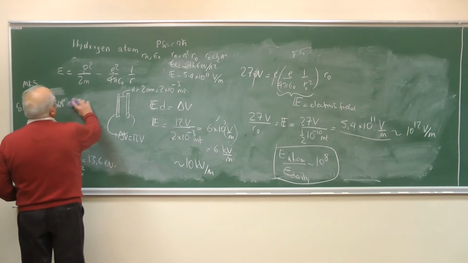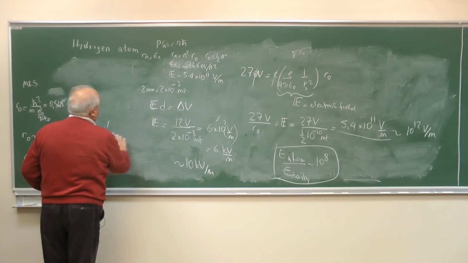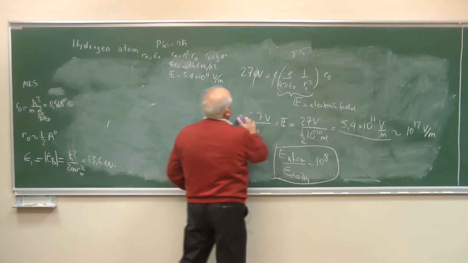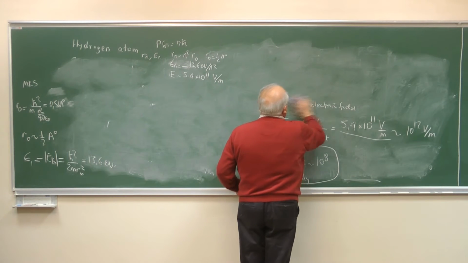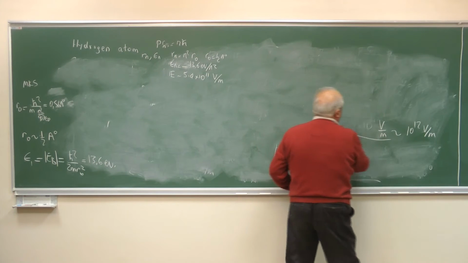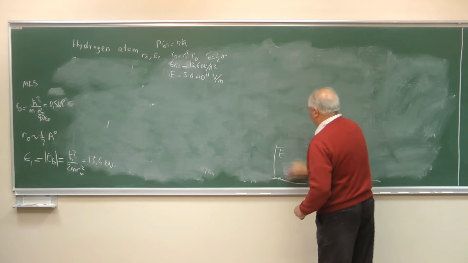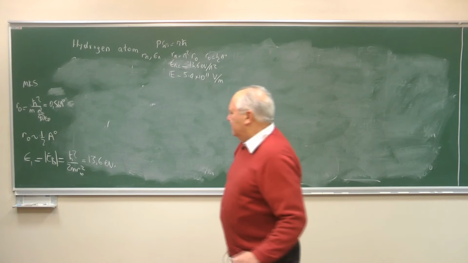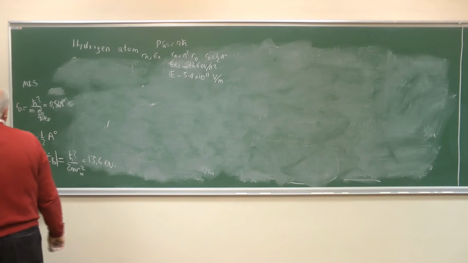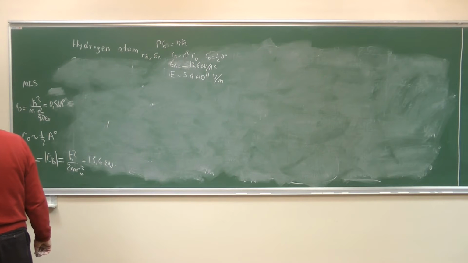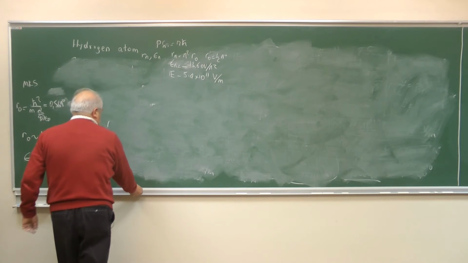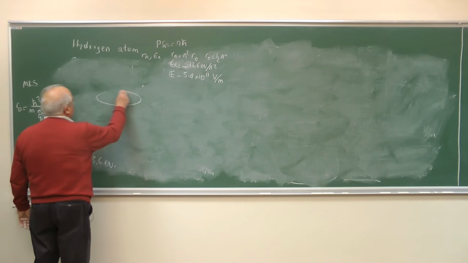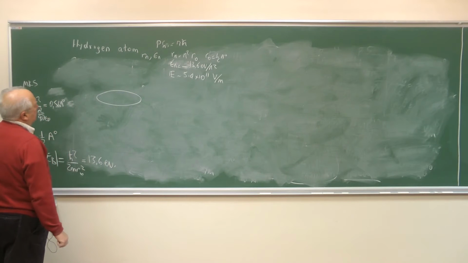Okay, we now consider the magnetic field. I'm erasing this. To estimate the magnetic field in the hydrogen atom, let us again take a very simple model. Consider, for example, a charge going around the loop.